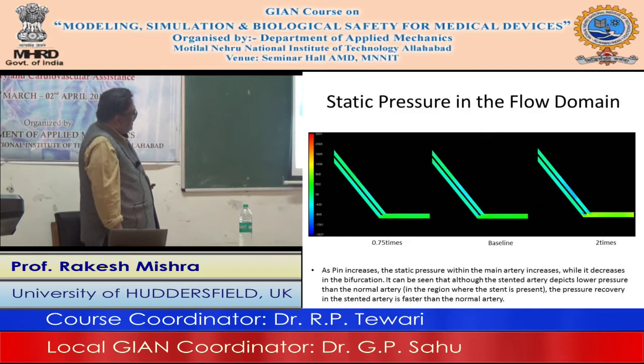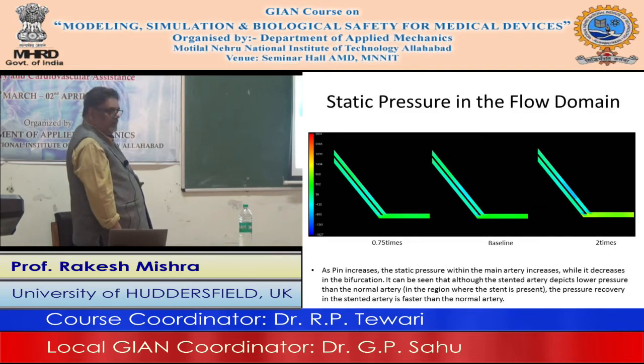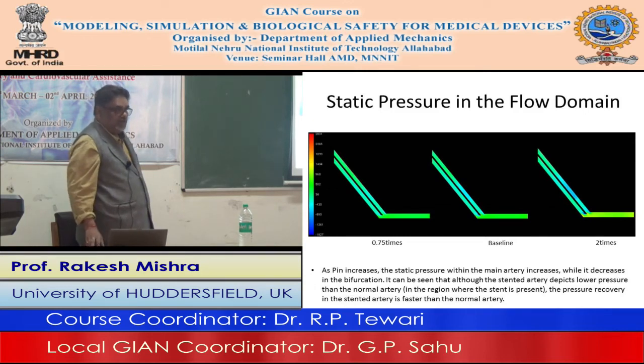But if you look at the bifurcation, pressure here is lower. So even though pressure is higher here, that pressure doesn't translate to the bifurcations, where pressure is seen to be lower even than the normal artery. Okay, so even though you are increasing pressure here, in the bifurcations pressures are not reaching high values.